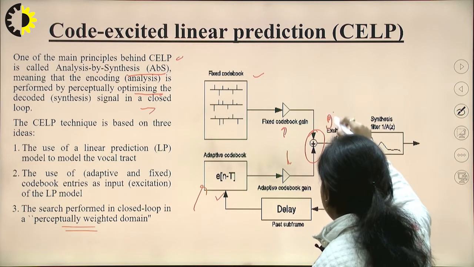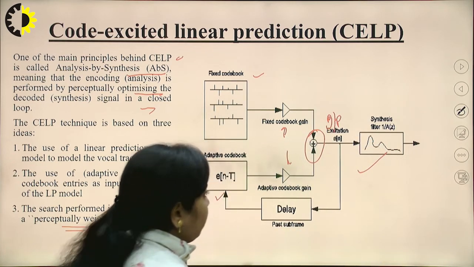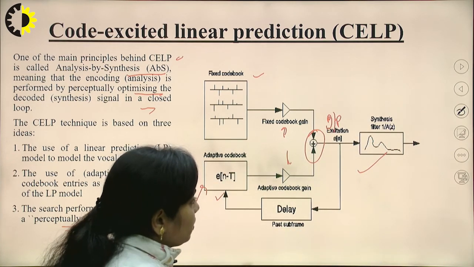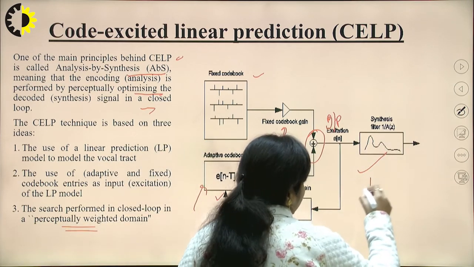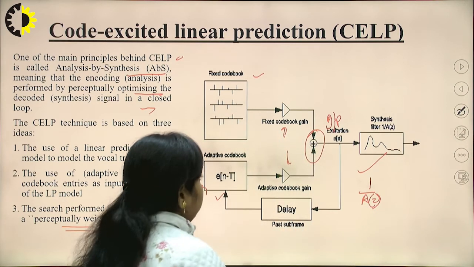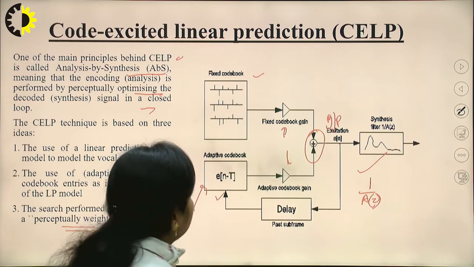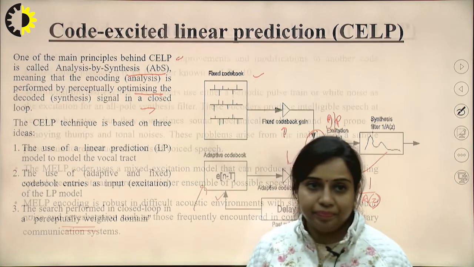So this is an input signal and it is applied to a synthesis filter. The transfer function of the synthesis filter is denoted by 1 upon A(z), and that will be the output of this code excited linear predictive coder.